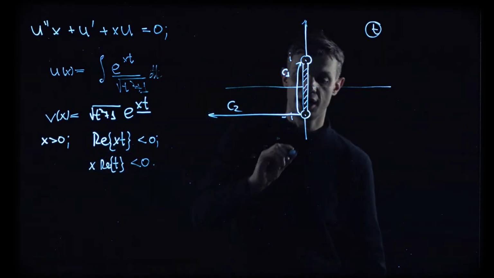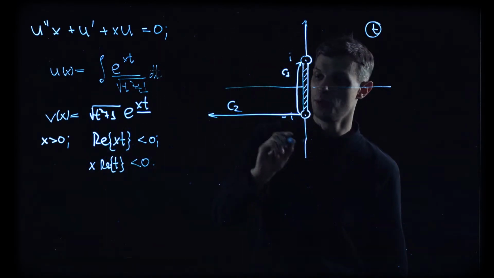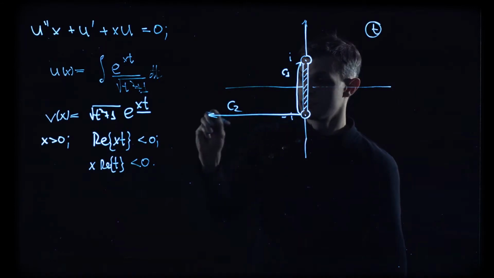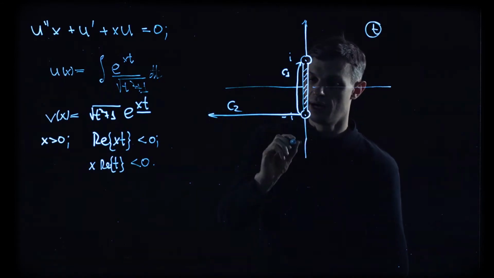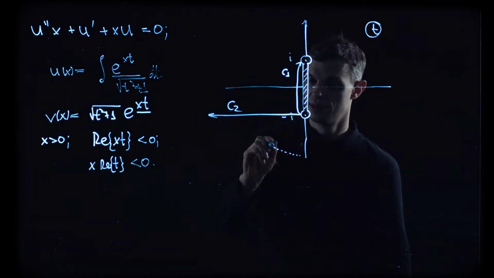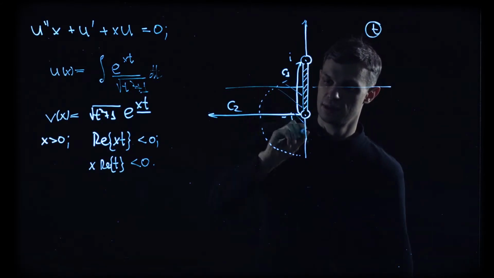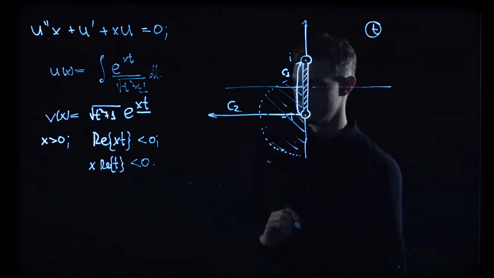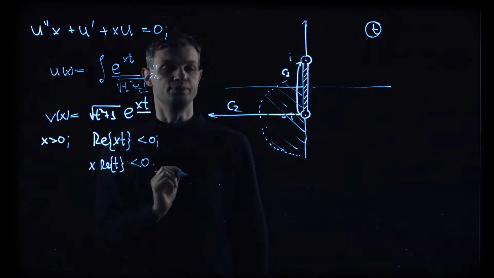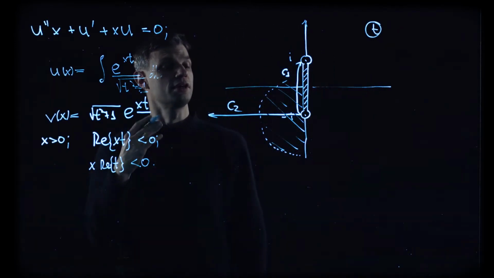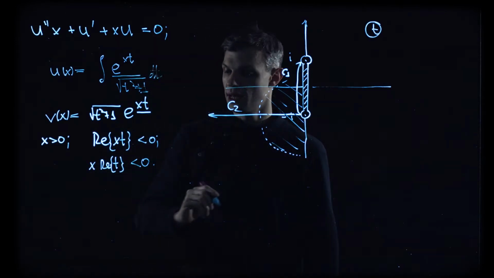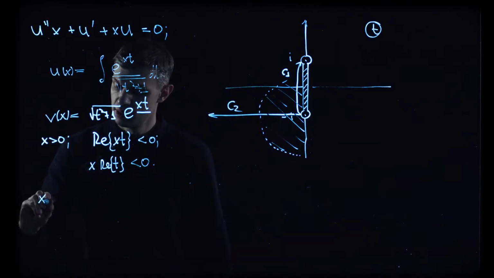So the allowed region in which this contour could flow from this minus i point is this entire left half of the complex plane.